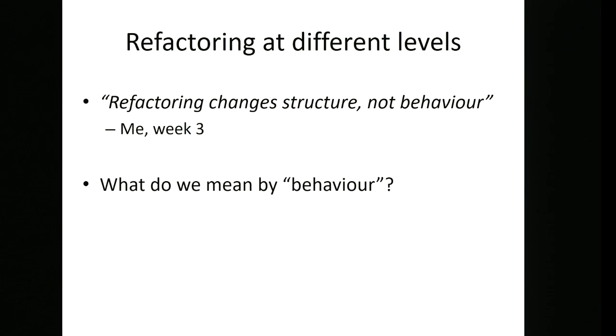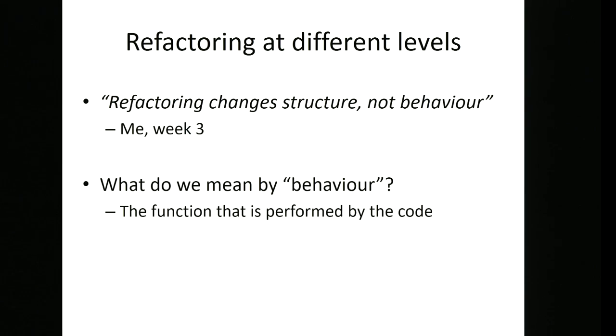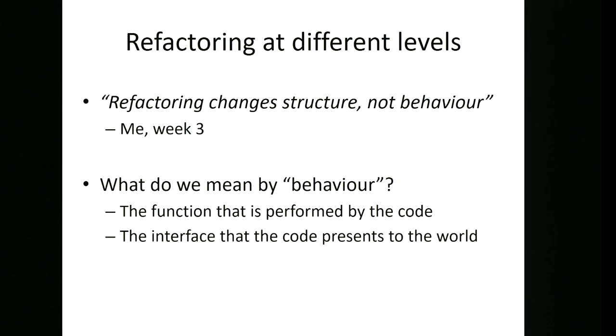Well, we mean the function that's performed by the code or the interface that the code presents to the world, and that interface will probably take the form of an API, an application programming interface, which is what's generally documented for developers to use.